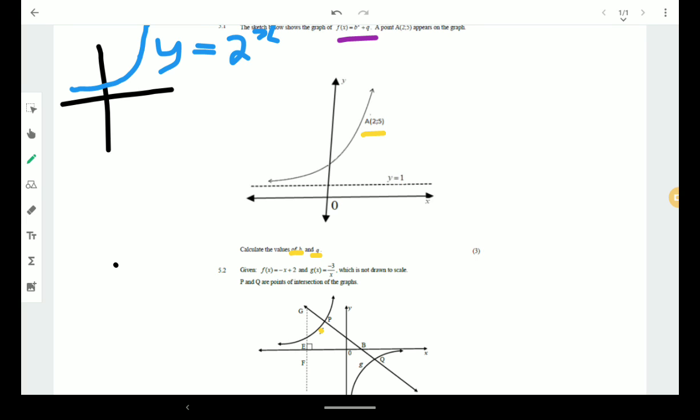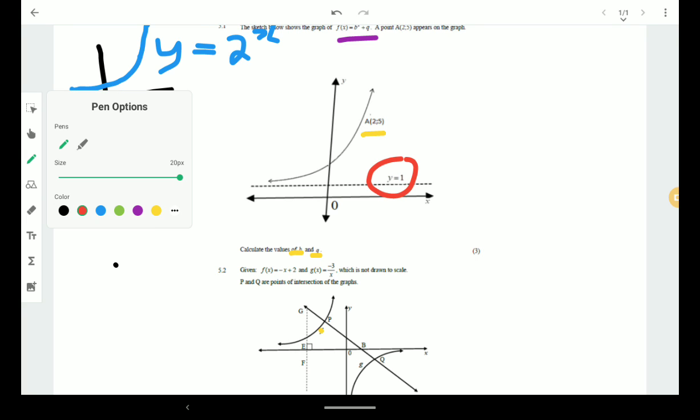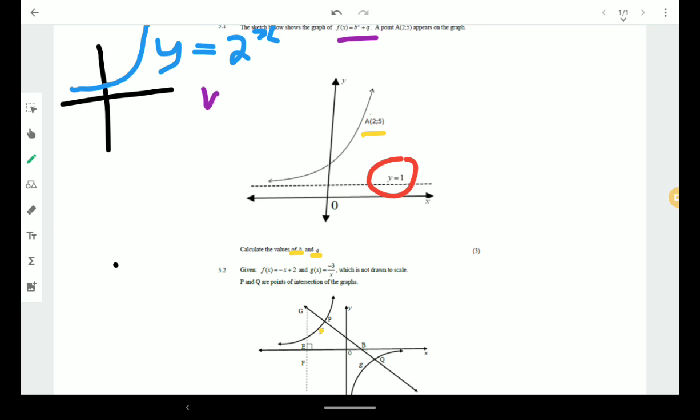Now we have seen we are also given the asymptote of this graph here. This asymptote is y = 1. That means in the original graph, we know that the asymptote was y = 0 because it's the x-axis.